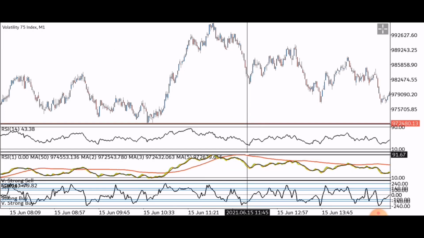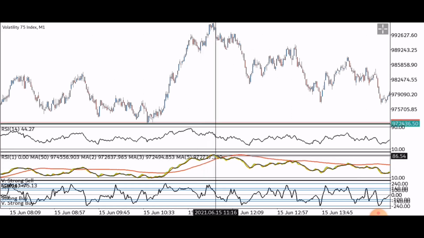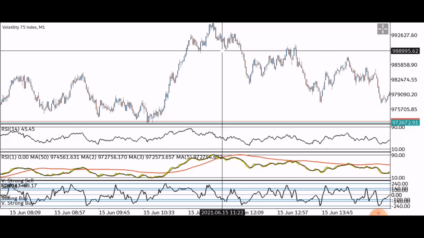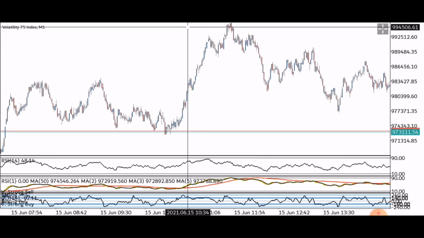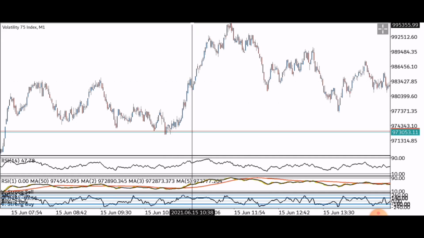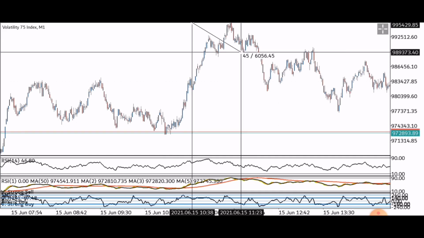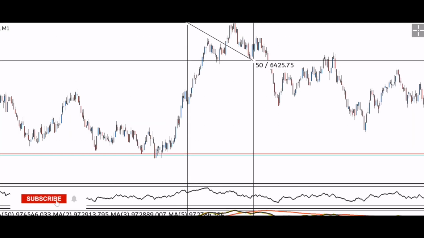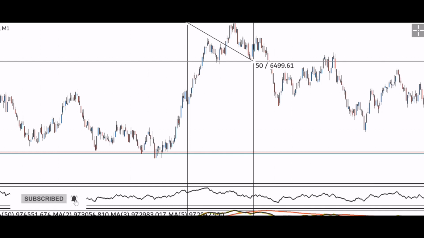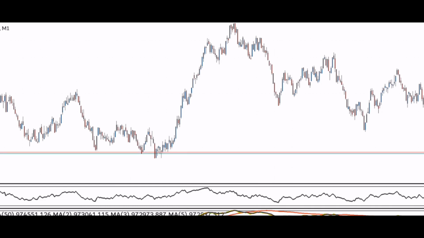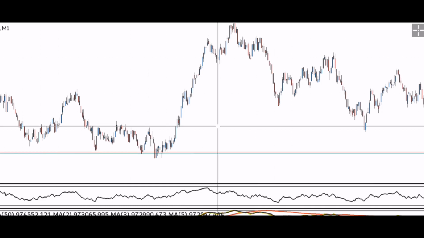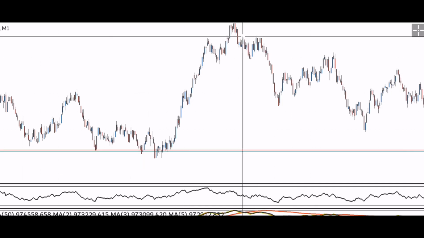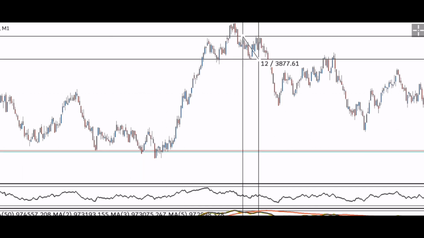Now let's see the number of pips you're going to get if you had come in here, right, and you set your take profit at somewhere around this support zone. Let's see that quickly. We're going to have this here at the top, then the second one, I'm just going to tap it. You can see we're going to be having about 645 or 650 pips. But if you come in at the second entry point where we have the cross, you're going to be having just what? 387 pips.